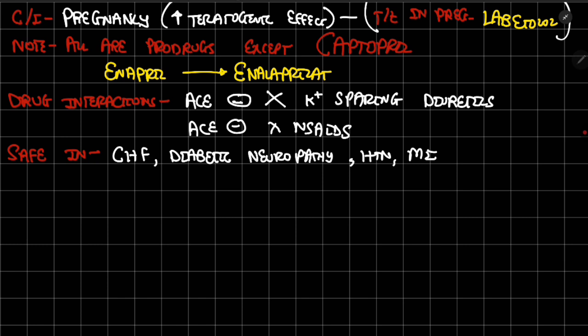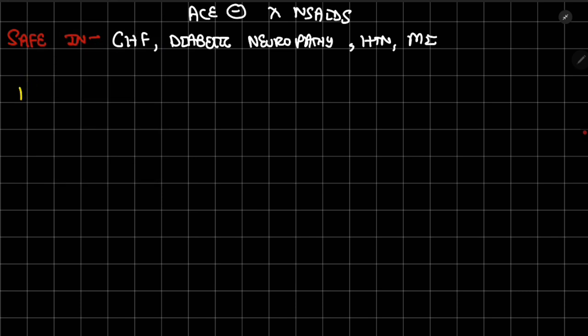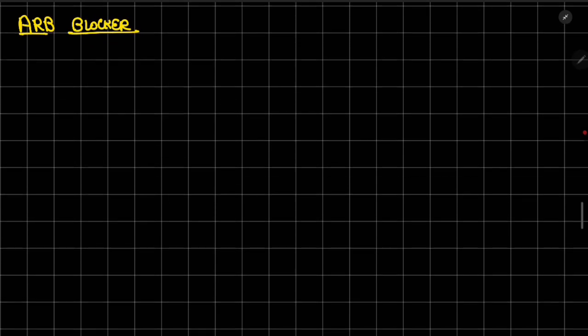Now going ahead with the drug named ARB blocker, angiotensin receptor blocker, the ARBs. Theoretical importance is given to the ACE inhibitors, but practical importance is to ARB blockers, because ARB blockers are the drugs which are in use. You have been hearing telmisartan everywhere, so telmisartan comes under ARB blockers.